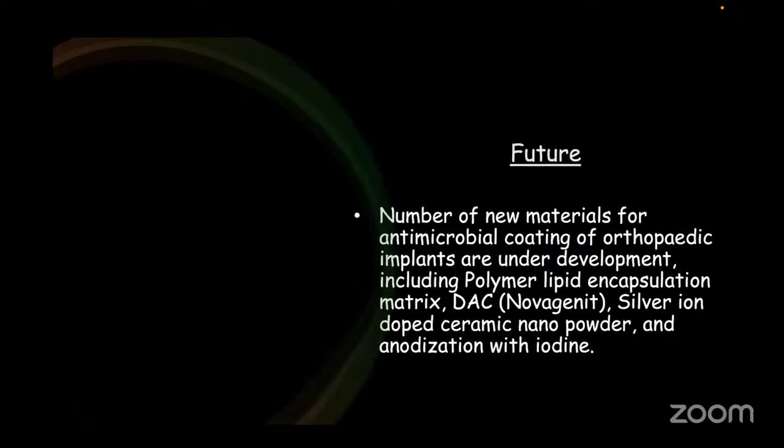So what is the future? A number of newer materials for antimicrobial coating of orthopedic implants are under development, which include polymer lipid encapsulation matrix, DAC, that is Novagenit, or silver ion doped ceramic nanopowder and anodization with iodine.